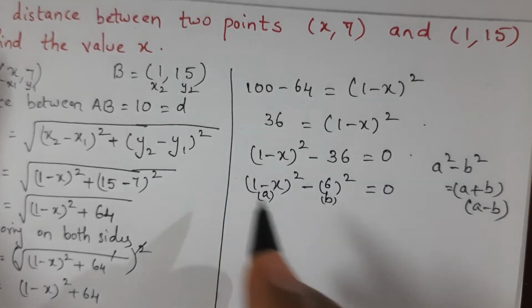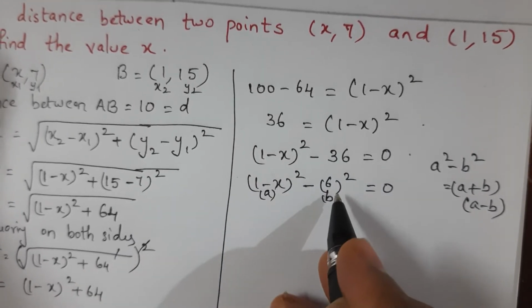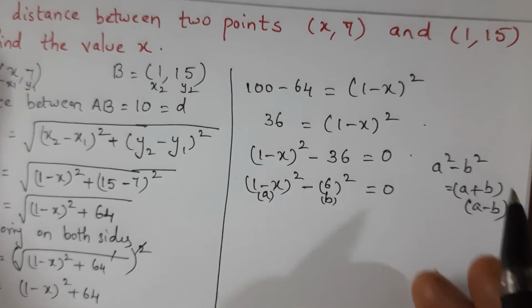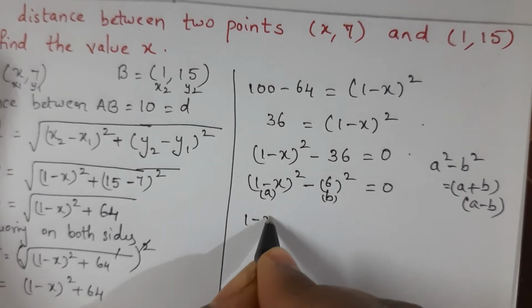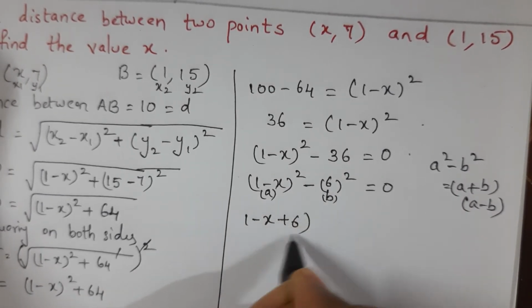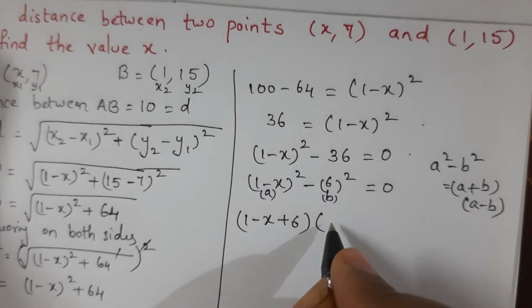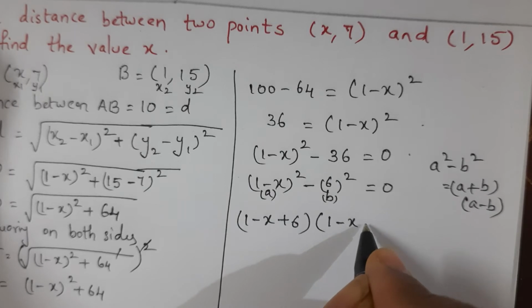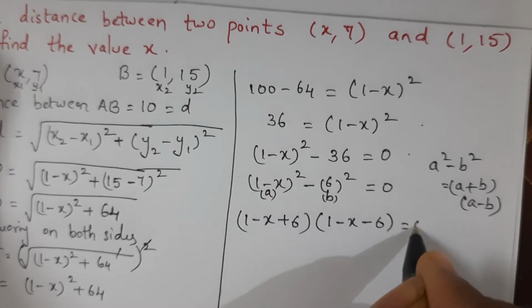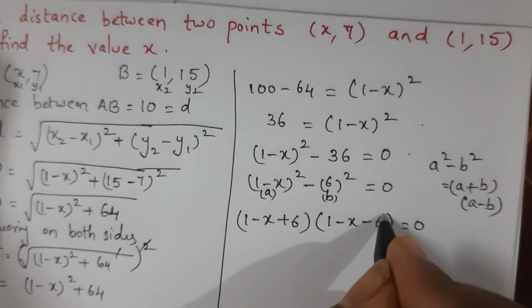A and b. 1 minus x is a, b is 6. Now a plus b means 1 minus x plus 6. Next a minus b means 1 minus x minus 6 is equal to 0.